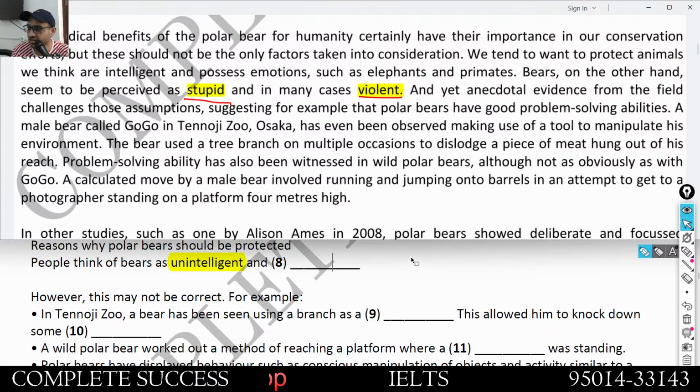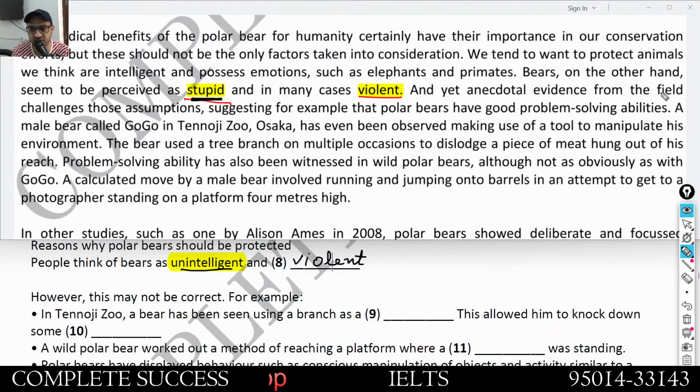So here, if you see, the answer of this question would be violent. So bears are considered as stupid, meaning unintelligent. This is a synonym for unintelligent, and the other answer is violent. However, this may not be correct, but this is not correct.